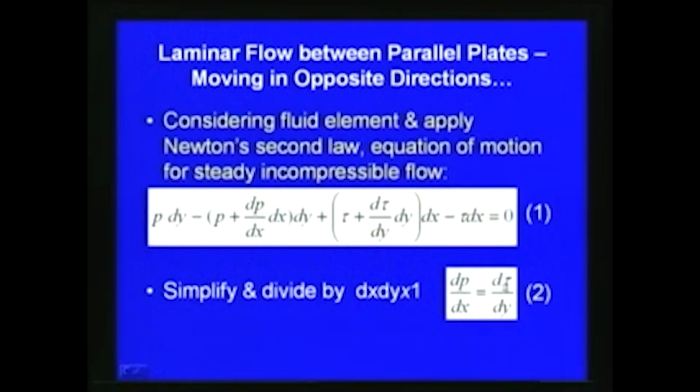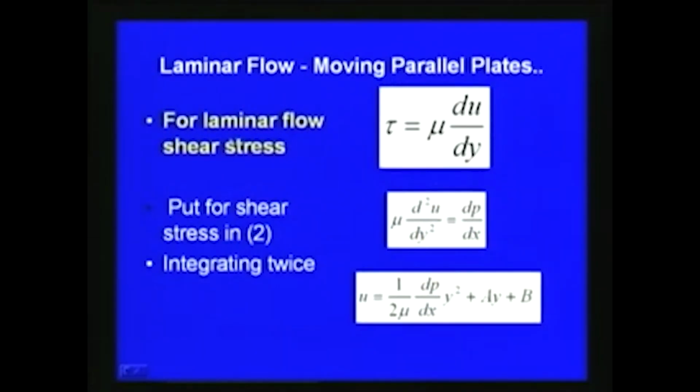So, here again we are getting dp by dx is equal to d tau by dy, and now for laminar flow, as we have seen, we can use Newton's law of viscosity, tau is equal to mu into du by dy, and then we can substitute for the shear stress and finally get the expression.